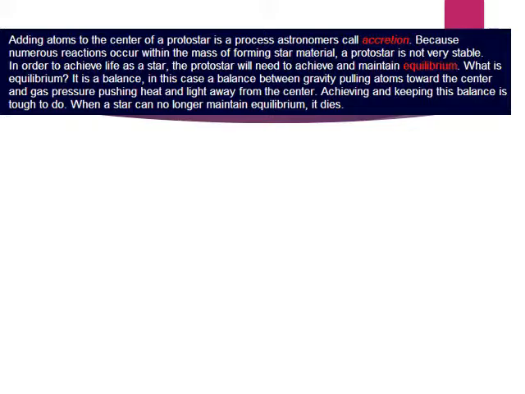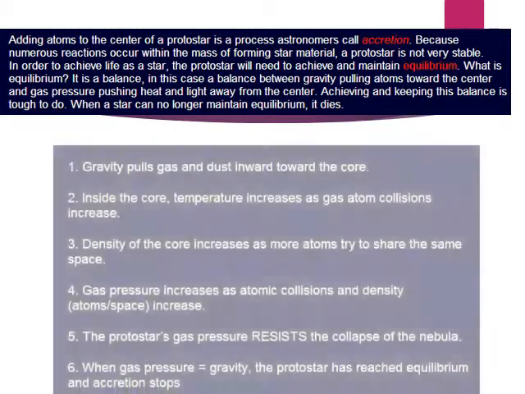Well, in this case, it's a balance between gravity pulling atoms towards the center and the gas pressure pushing heat and light away from the center. If either one is too great, equilibrium will not be achieved. Achieving and keeping this balance is tough to do. When a star can no longer maintain equilibrium, it dies.